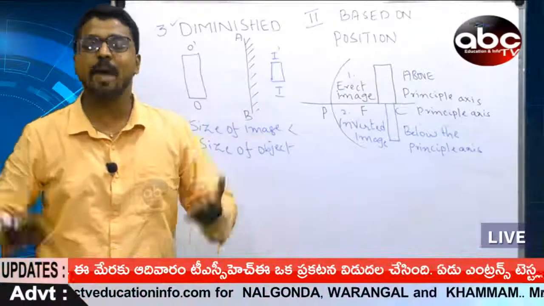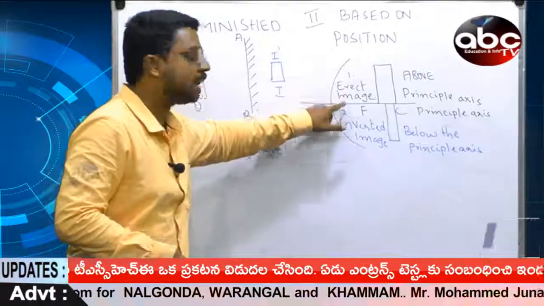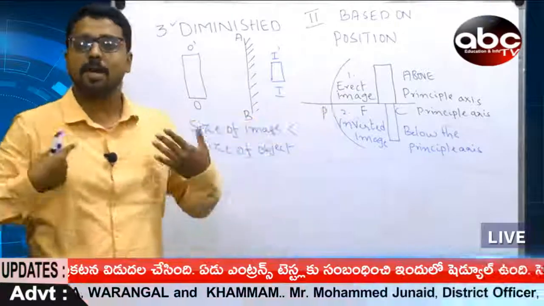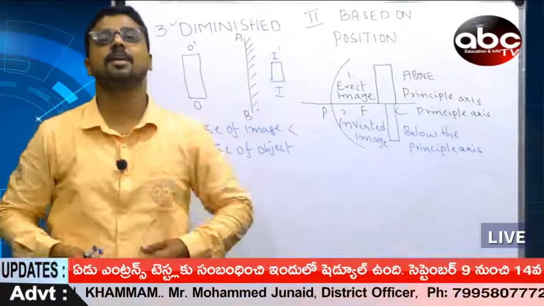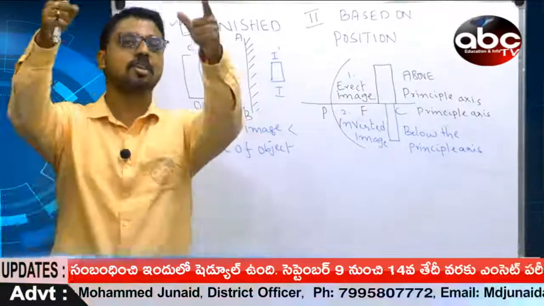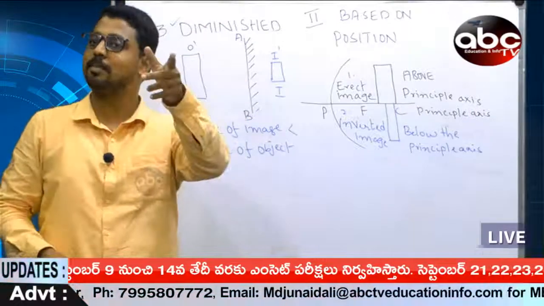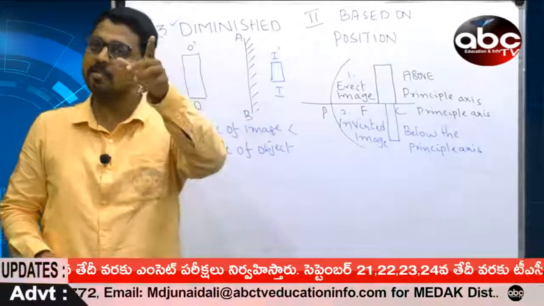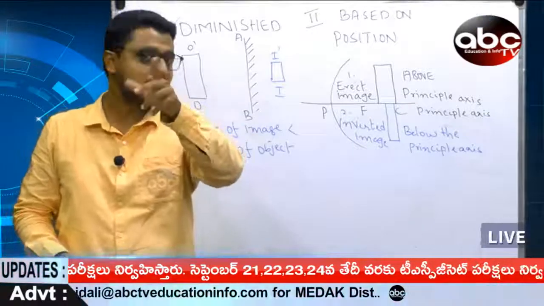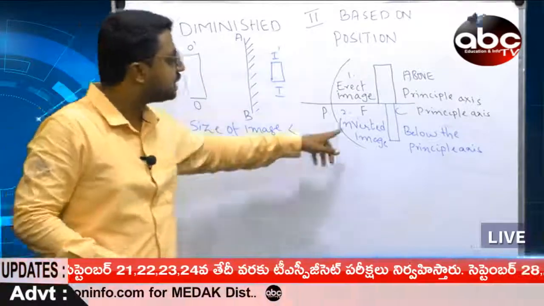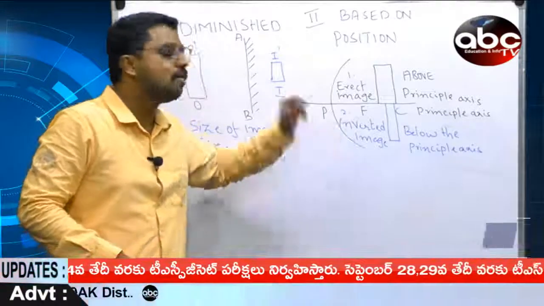I am as usual. This can be called an erect image. But if I see my legs on the top and my head at the bottom, this is nothing but a reverse image, ulta. We call it ulta. Such a type of image is called an inverted image.